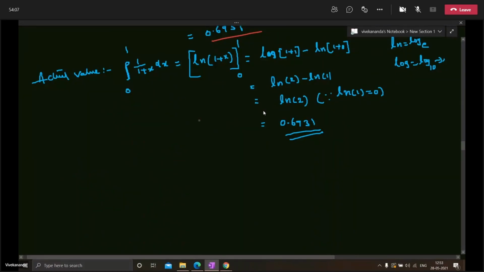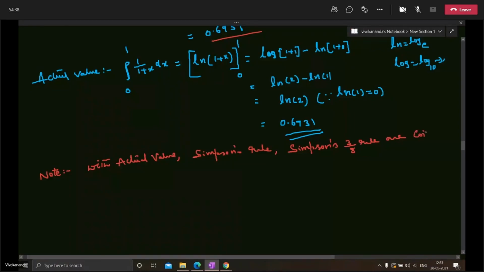Note: with the actual value, Simpson's rule and Simpson's 3 by 8 rule coincide. Okay, like this you write down the note at last.